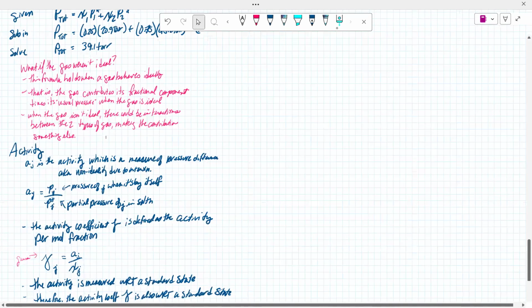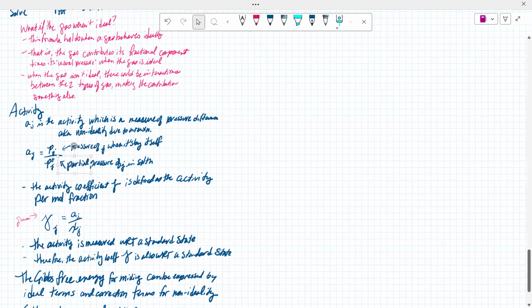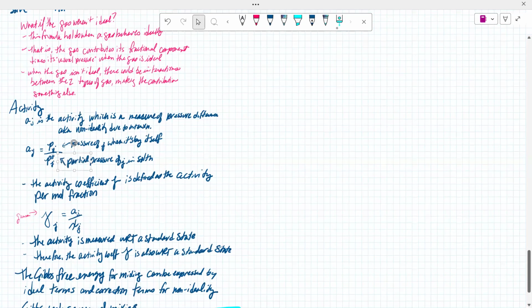The whole idea of the activity is to try to correct for that. So we have this aJ, the activity, which is a measure of the pressure differences. So you might come up with some idea about the differences between the ideality and the non-ideality and have a correction factor for it. And that's what we're trying to do here.